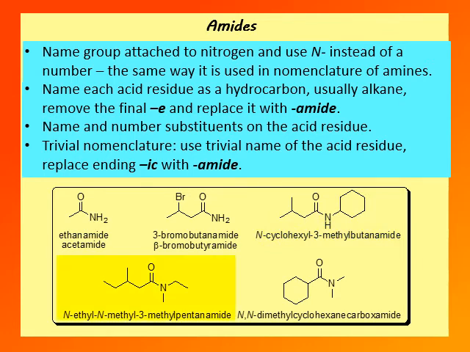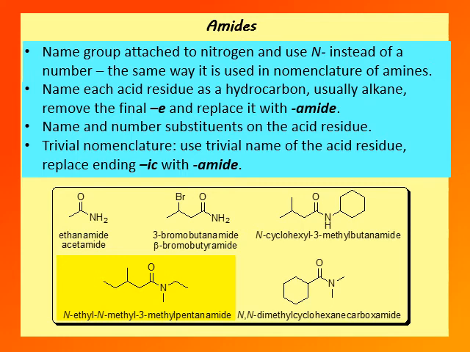Then we have an example of a tertiary amide. Now we have 2 substituents on nitrogen, so the name of each substituent will be preceded by the letter N, and they will be listed alphabetically. The 2 substituents are ethyl and methyl, so it's N-ethyl and N-methyl. The carbon chain has 5 carbons, so that's pentaneamide, and on carbon 3 there is a methyl group, so the name is N-ethyl-N-methyl-3-methylpentaneamide.